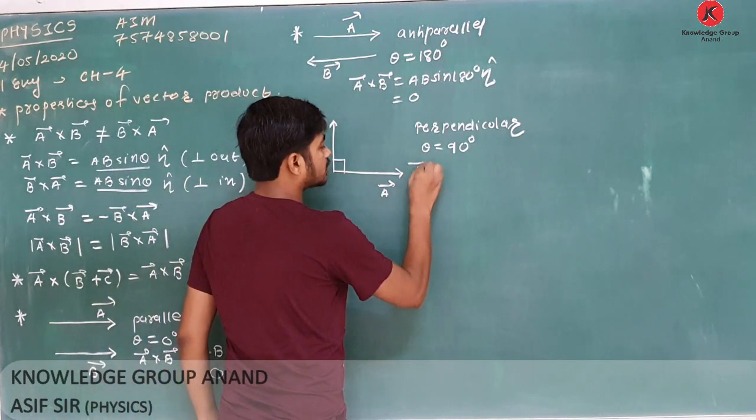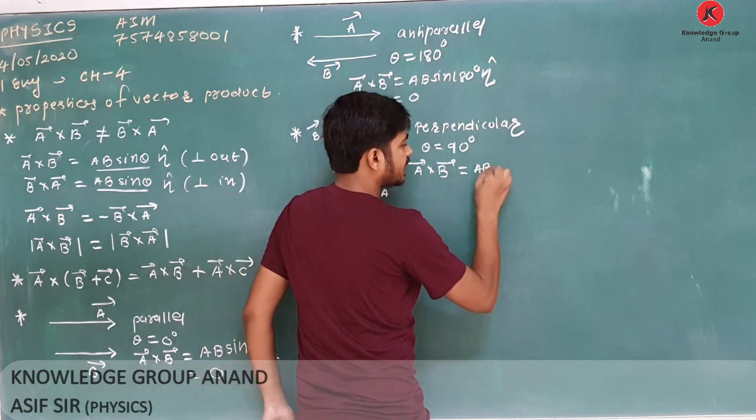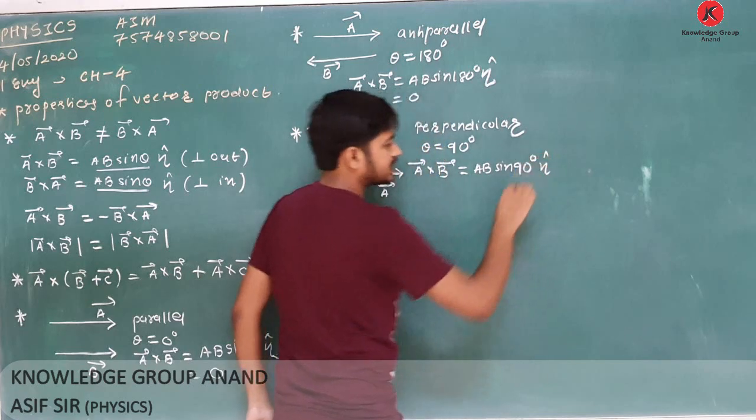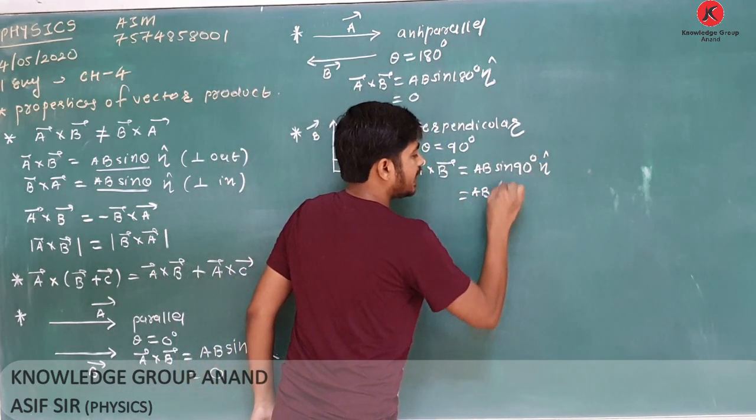What is the cross product? A cross B is equal to AB sin 90 degrees n caret. Sin 90 is equal to 1. So it is AB n caret.